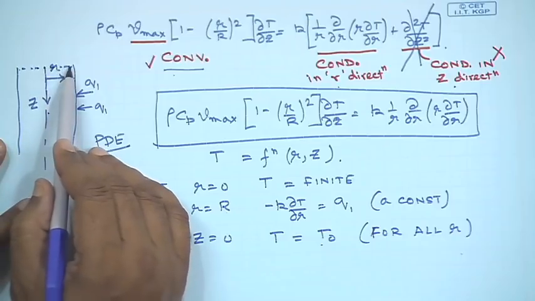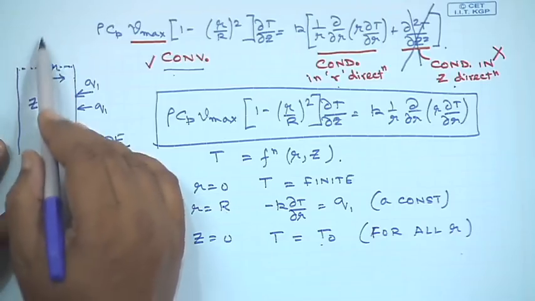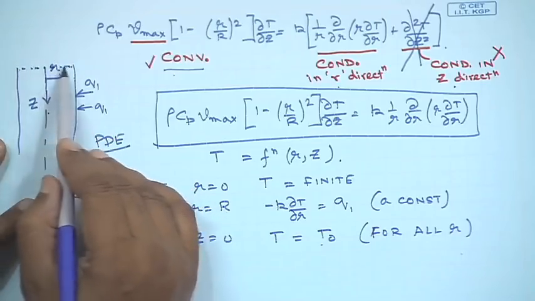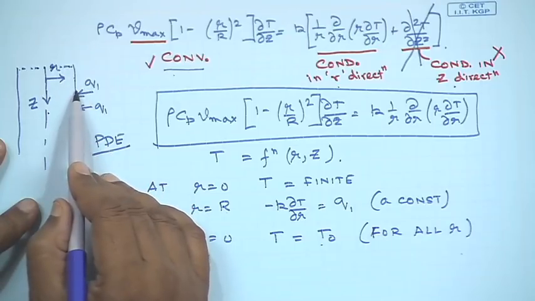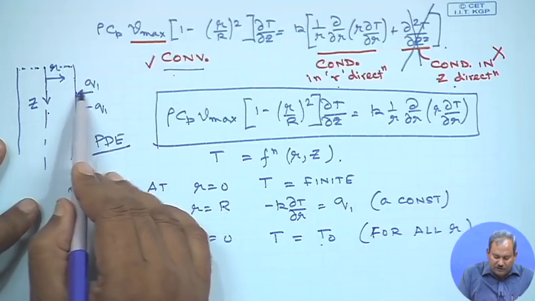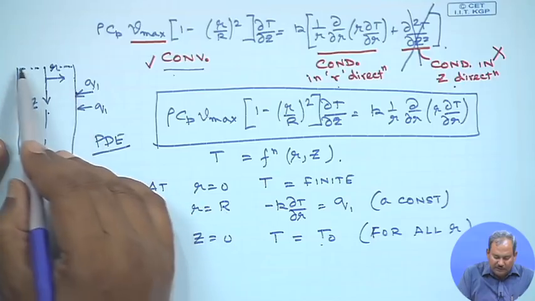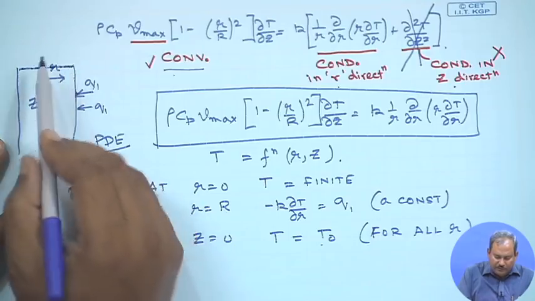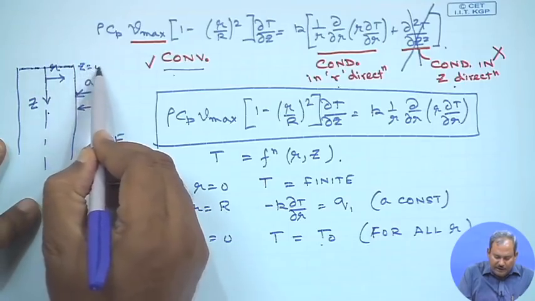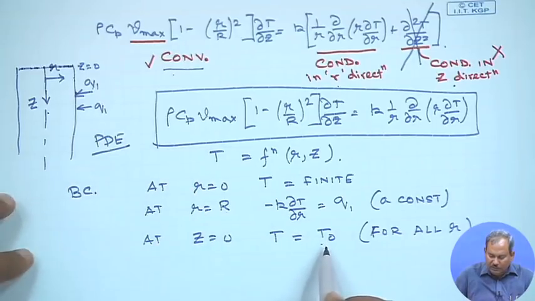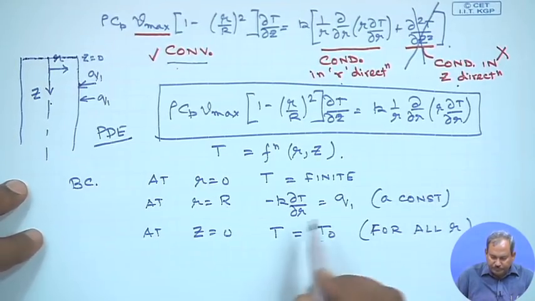It does not depend on R, because it is coming at a constant temperature and it is entering the tube, which is heated by the introduction of a heat flux to the sides. So, at Z equals 0, this is the Z equals 0 plane. At Z equals 0, the temperature is simply going to be equal to T0.